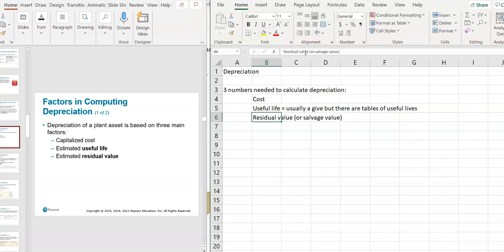And then residual value is what you estimate the asset will be worth at the end of its life. So this is like the trade-in value of a car, for instance.